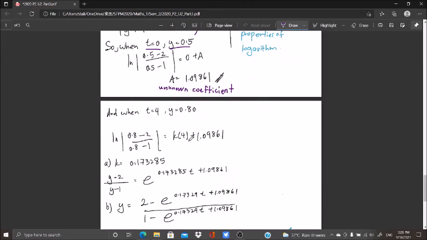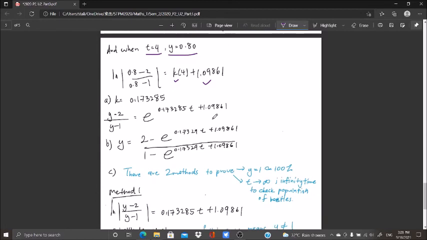Okay, so we substitute another set of values, t equals 4, y equals 0.8. Now we can obtain k. You may wonder why I don't substitute this first and this later? Because I need to solve for a first, then only can I solve for k. You can do it another way round, but you need to do the simultaneous equations again.